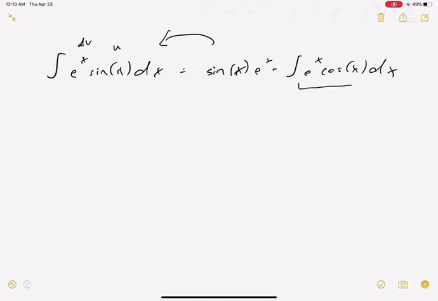Okay, now I use integration by parts on this piece. I say, hey, e to the x cosine of x, let's see, I want to use cosine as my u, so dv would be negative sine.